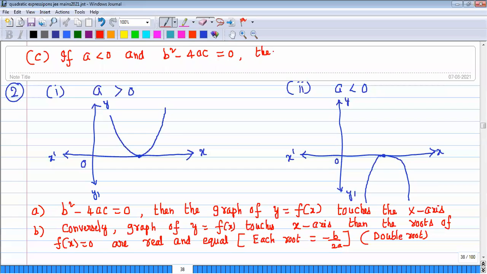B square minus 4ac is equal to 0, then the graph of y is equal to f of x represents a parabola. Both cases you can write this one also, or a greater than 0 also. We can conclude like this. Right, next.